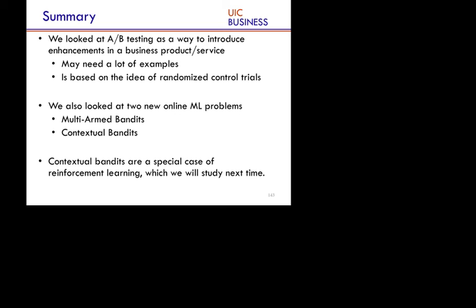We also looked at two online machine learning problems, the Multiarmed Bandit problem and the Contextual Bandit problem, and this Contextual Bandit solution is the one which powers Microsoft's MSN.com website in terms of recommending news articles. Contextual Bandits are special cases of reinforcement learning, which we'll study next time. So that's it. Thank you.